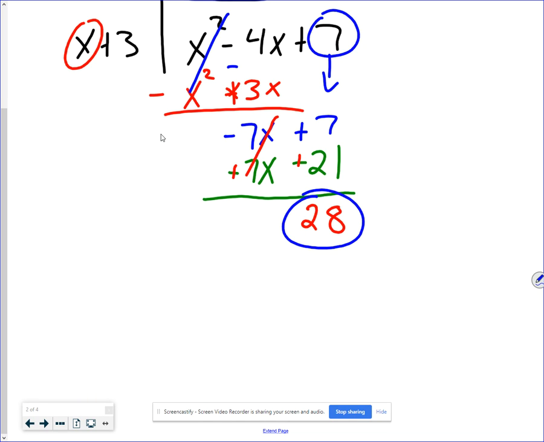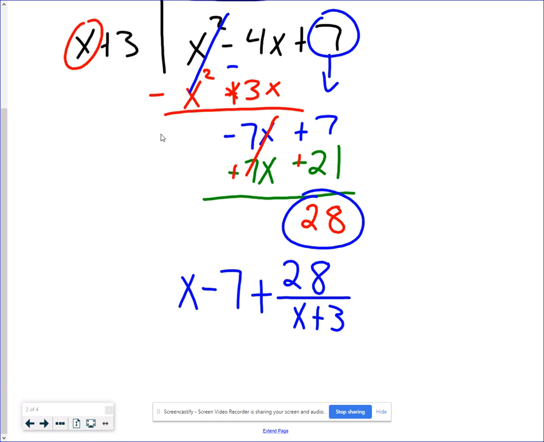We can do the same with polynomials. So we had x minus 7, then we'll take our remainder 28 over the polynomial that we were dividing by, so x plus 3.